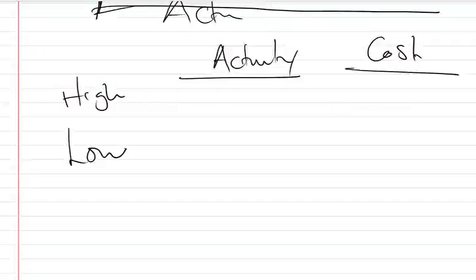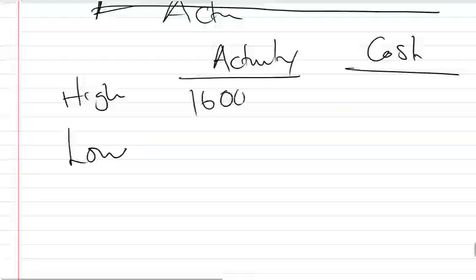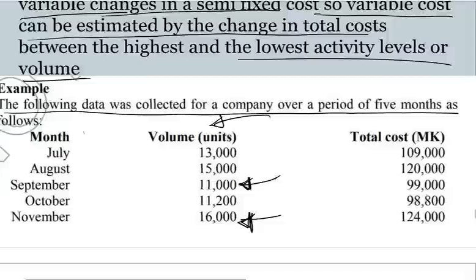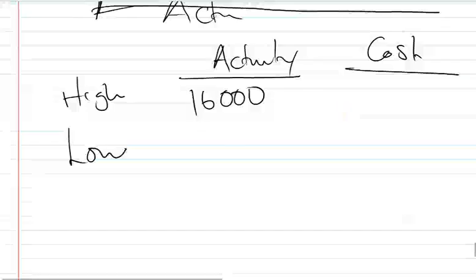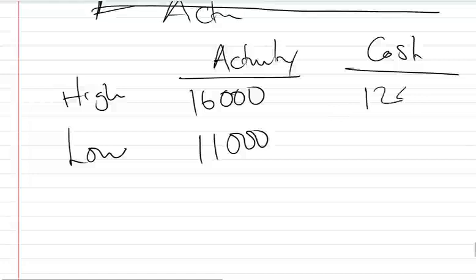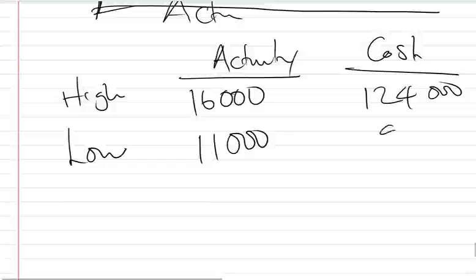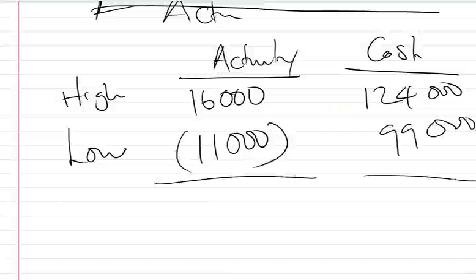What is the highest volume? The highest volume was 16,000. What is the lowest volume? It was 11,000. What is the corresponding cost with the 16,000? 124,000. What is the corresponding cost to the 11,000? 99,000. So you subtract like that.